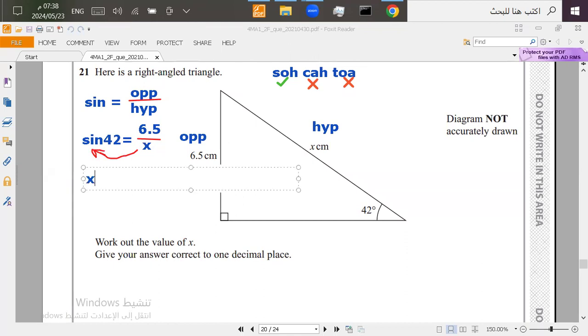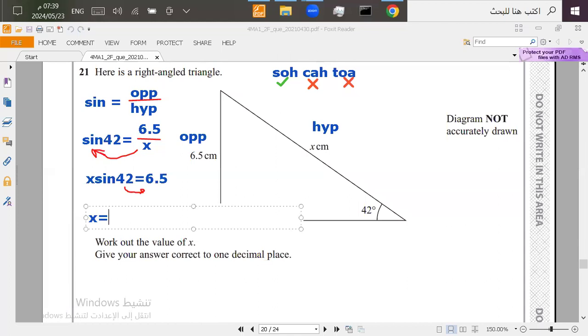So we will have x multiplied by sine of 42 equals 6.5. And then this one is multiplied by the x, so we're going to take the sine 42 to the other side by dividing under the 6.5. So at the end, I will have x equals 6.5 divided by sine of 42.